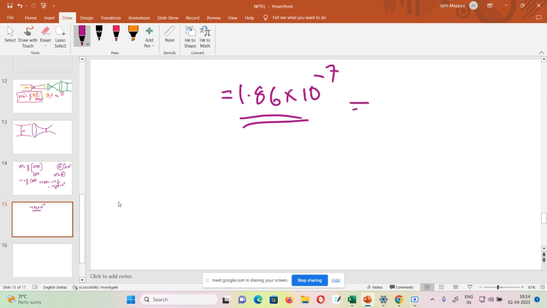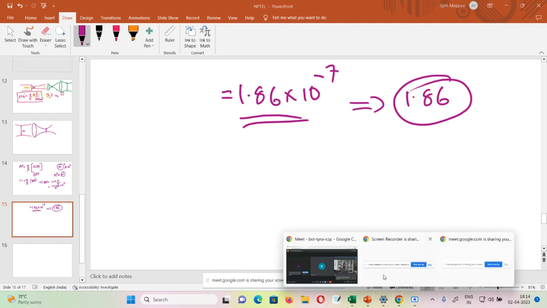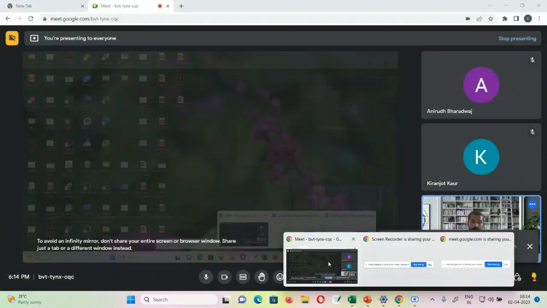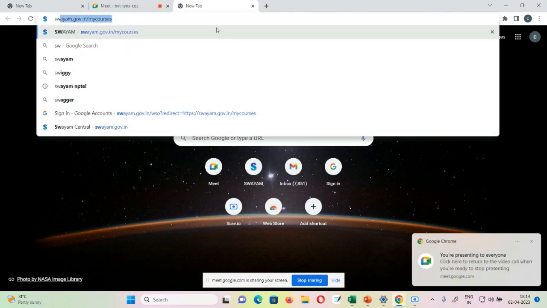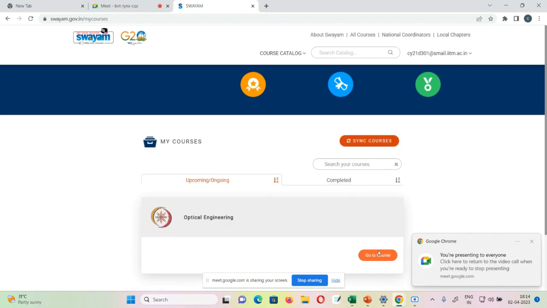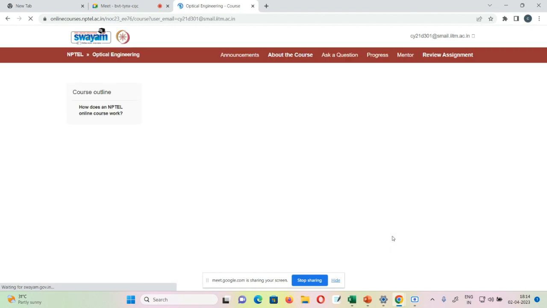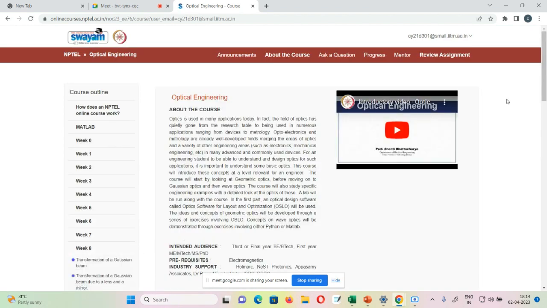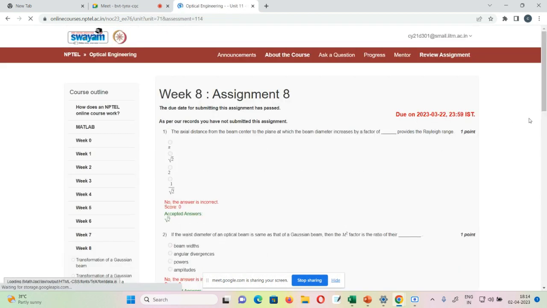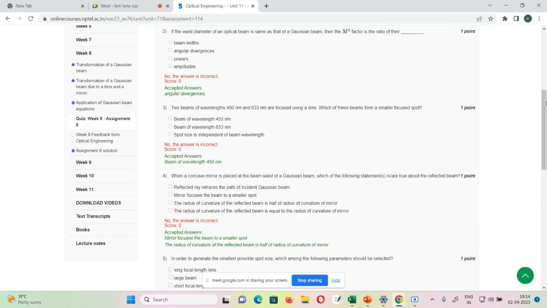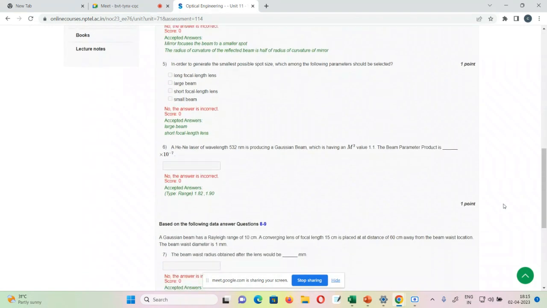So your corresponding value is 1.86, so 1.8 to 1.90 you can use.